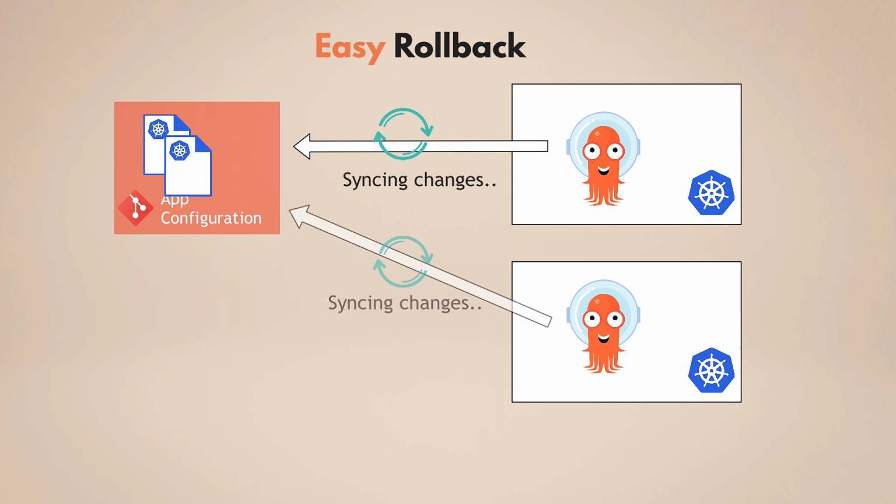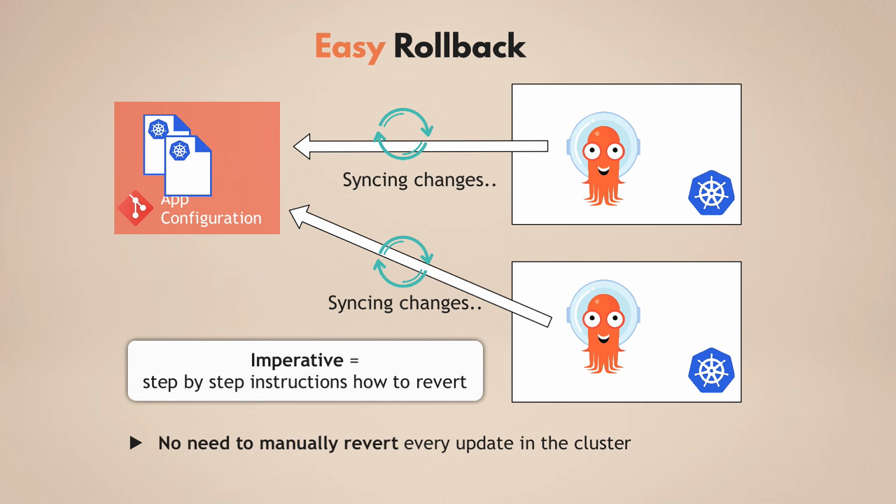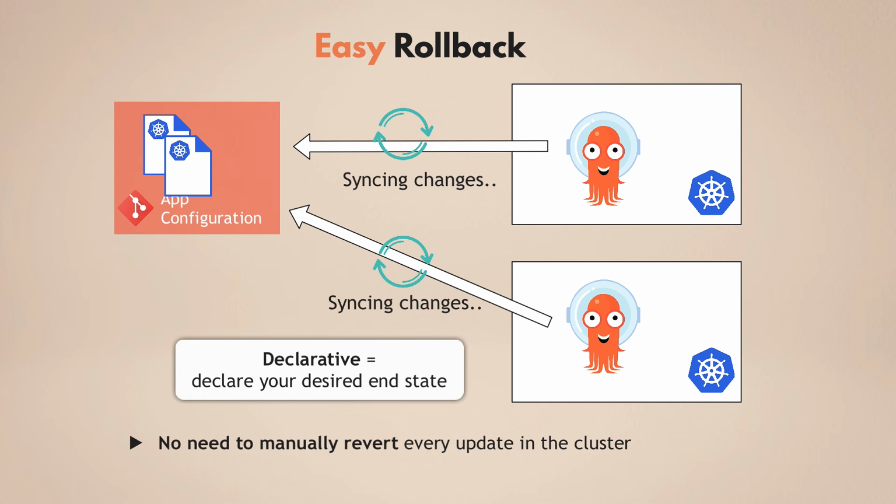Especially if we have thousands of clusters that all get updated by the same Git repository, this is going to be very efficient because you don't have to manually revert each and every component doing kubectl delete or helm uninstall and basically clean up all the things. You simply declare the previous working state and the cluster will be synced to that state again.